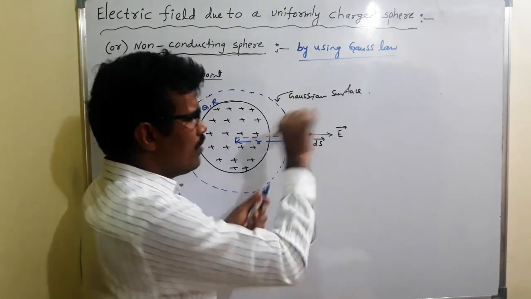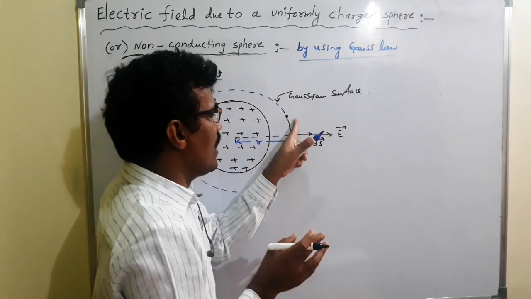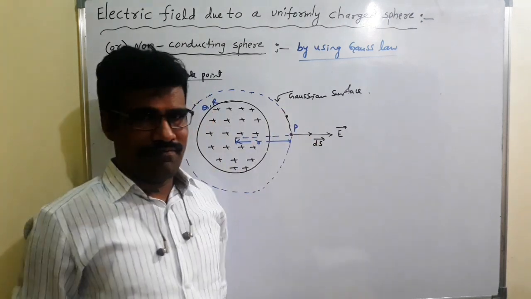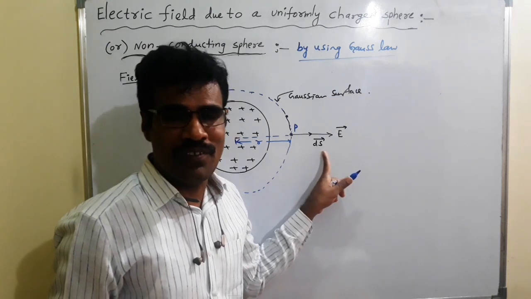E bar is radially outward for the positive charge. That's why E bar and ds bar are in the same direction at all points, and the angle between E bar and ds bar is 0.